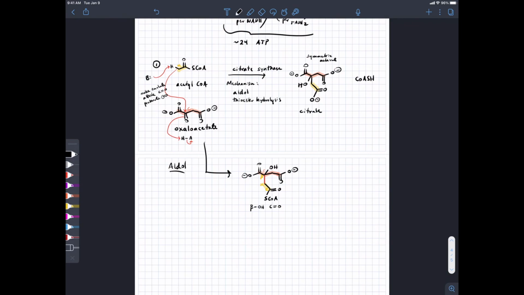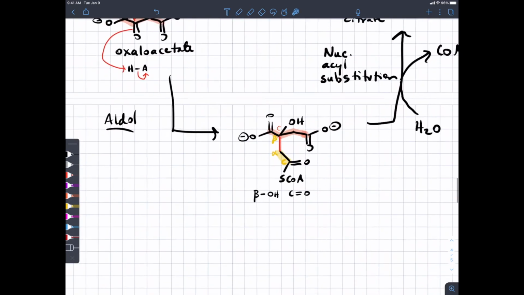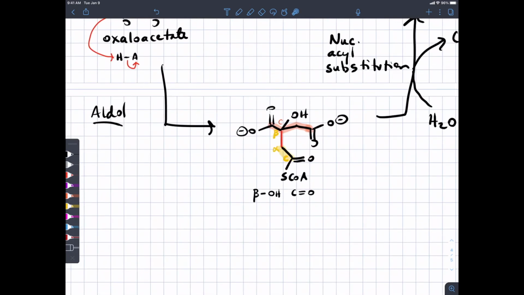Okay. Then here, I'm not going to show this process. This is just another example of nucleophilic acyl substitution, where we're going to remove a proton from water to get hydroxide. Hydroxide will attack the thioester to get a tetrahedral intermediate. The thiolate's a better leaving group than hydroxide, and so the thiolate gets kicked off.